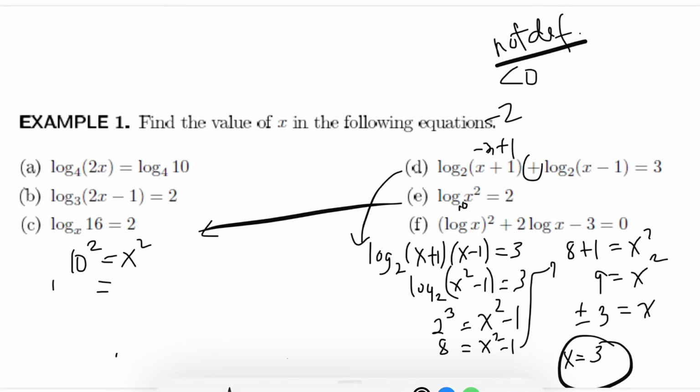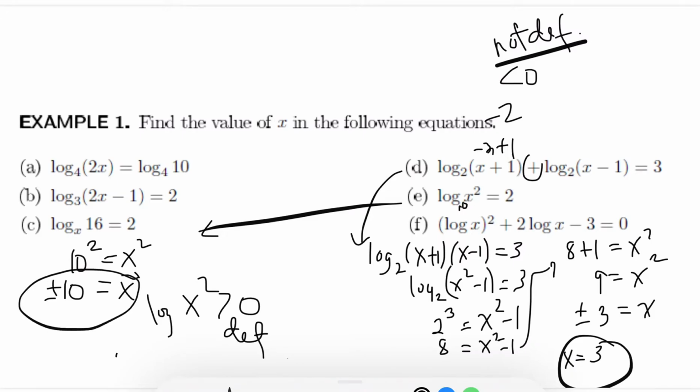Take the square root, plus and minus 10. Now, since that is x squared, if you substitute negative 10 or positive 10, x squared is always greater than 0. So if you take the log, it is always defined. Therefore, plus and minus 10 are our solutions. As long as it is defined.